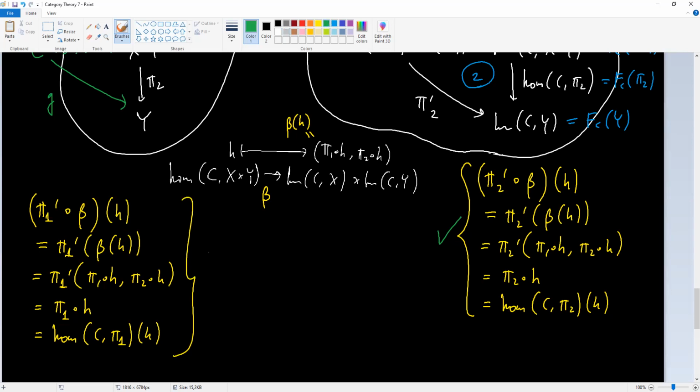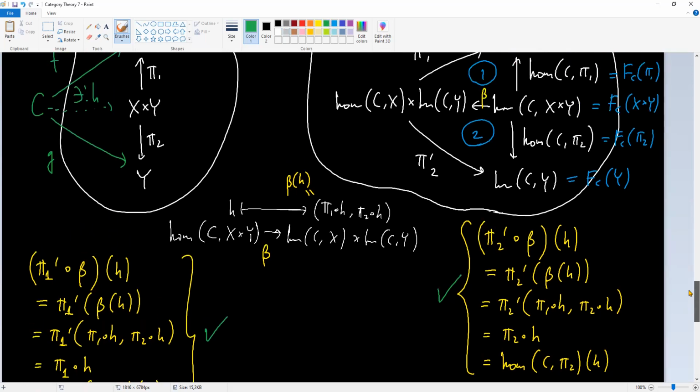Yes. Okay. Now, what does the first set of equalities tell us, the final conclusion of that? If I look at the first term here and the last term, it tells me that diagram 2 commutes, doesn't it? Here's beta, here's pi 2 prime, right? So what does it mean for 2 to commute?